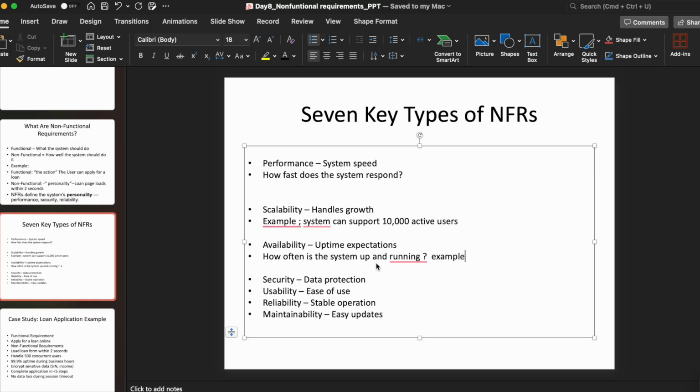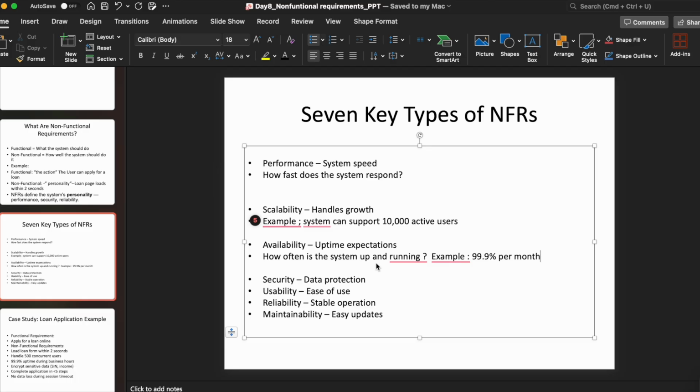For example, the system should run 99.9% per month or something like this. It's not possible to have 100%.